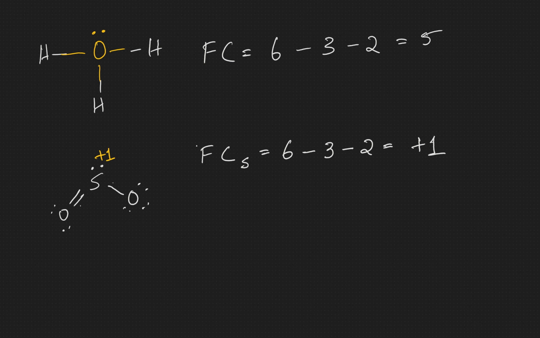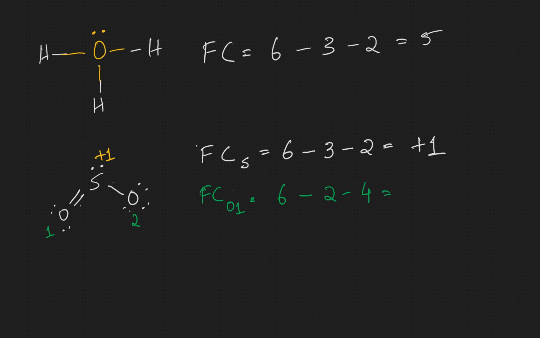Let's calculate the oxygens here also. I will first number the oxygens: oxygen here is 1 and oxygen here is 2. The formal charge on oxygen 1 is 6 minus number of bonds, which is 2, and number of dots, 4.